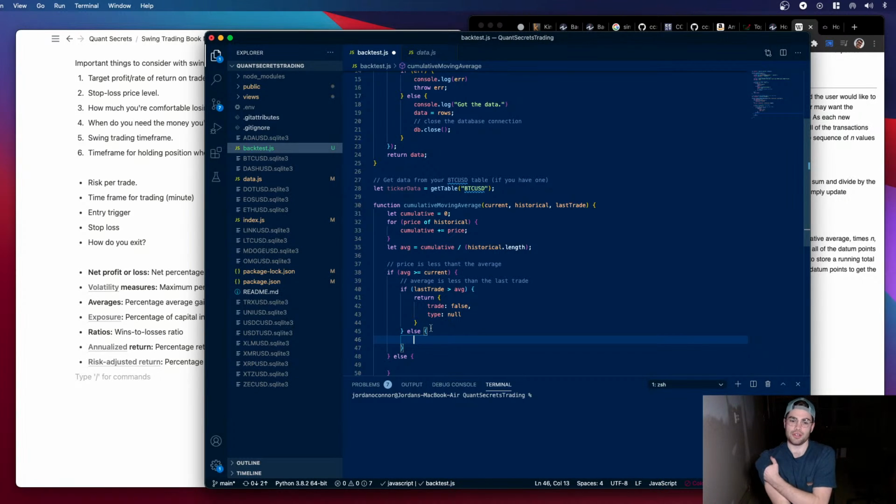So then what's the scenario if the average is still above the current price, but the last trade was less than the current price? Oh, you know what? If the last trade was greater than the average, and now the price is below the average, then I actually do want to trade. I want to sell.